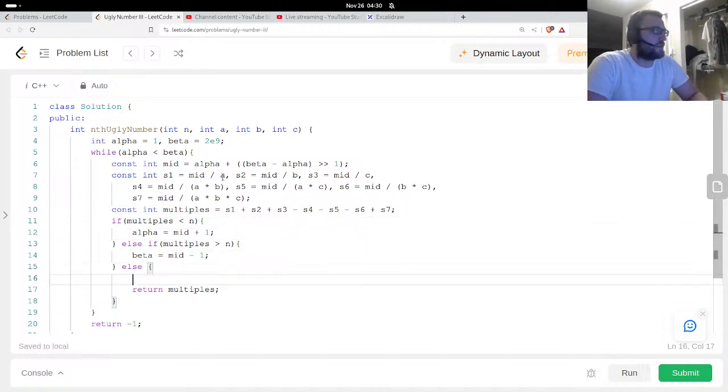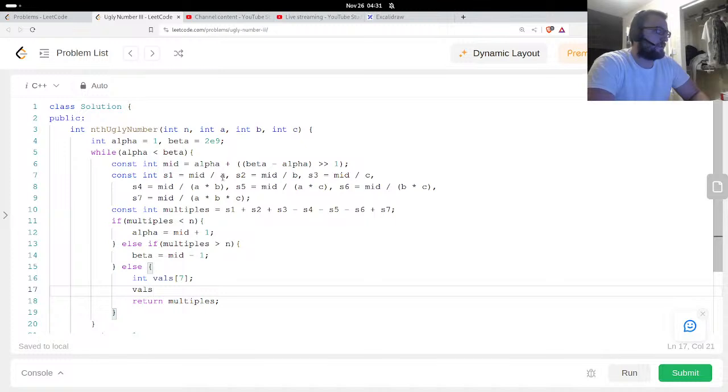Okay. And then we're looking for the largest of these values, which I'm going to say int vals of val 7, val 0.